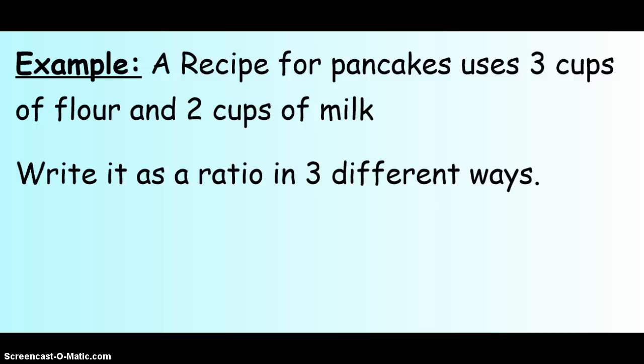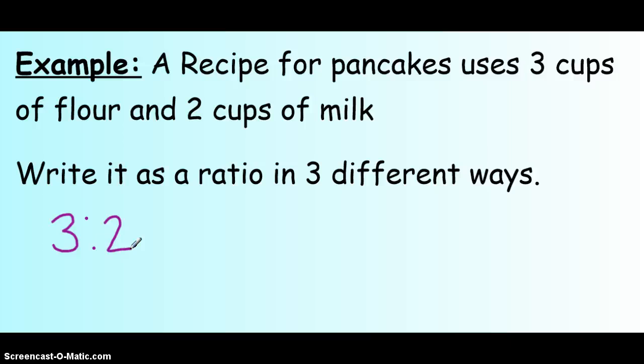One way we can write our ratios is by using a colon. So 3:2. And remember the number of cups of flour needs to come first, and then our number of cups of milk.